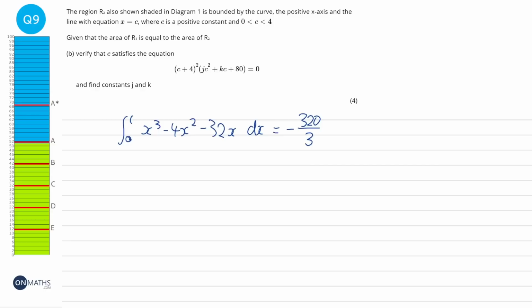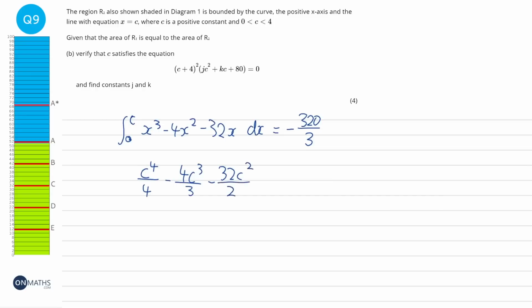And we've already integrated this, so I'm just going to jump straight to the end, because I'm going to substitute c into the integrated version, so it would be c to the power of 4 over 4 minus 4c cubed over 3 minus 32c squared over 2.